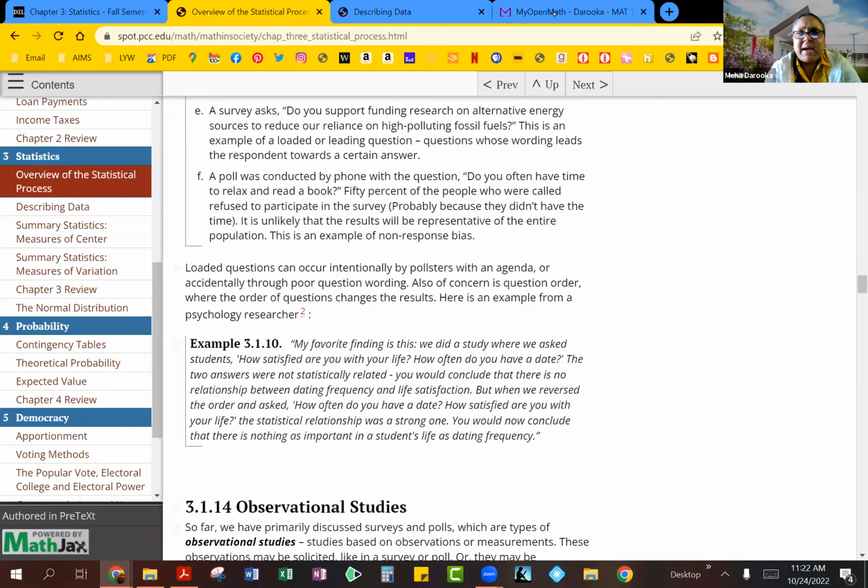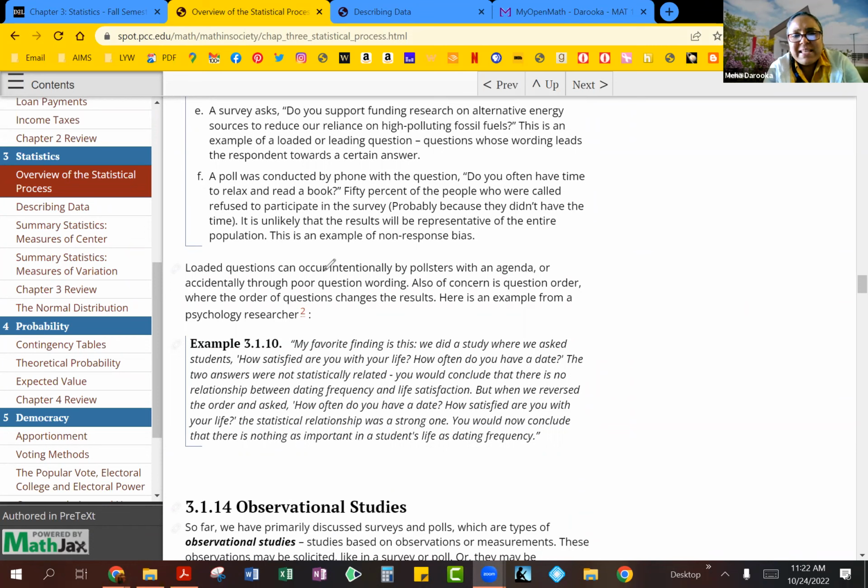Just keep in mind, in terms of loaded question bias, sometimes that could be done intentionally, right? It could be that the pollster is purposefully saying something in their questions that is leading the person who's answering.